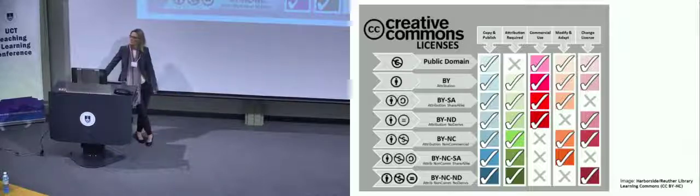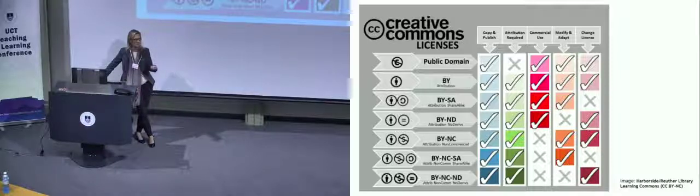What a Creative Commons license allows is for the author of materials to put a Creative Commons license on their materials. The author still maintains the copyright and the attribution. However, it enables users to use the materials in a particular way.